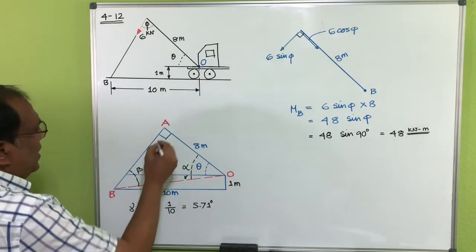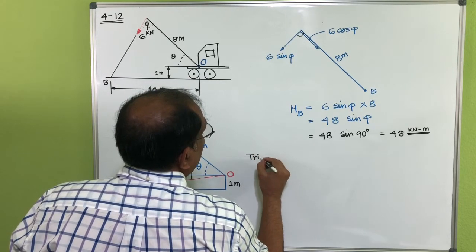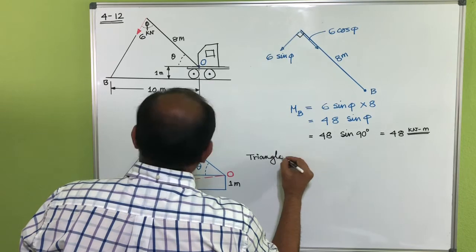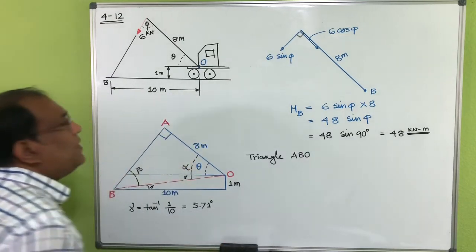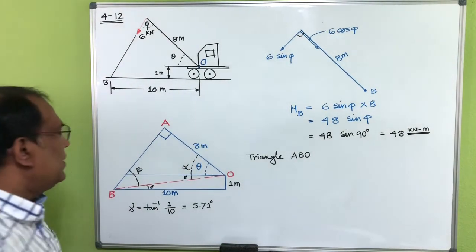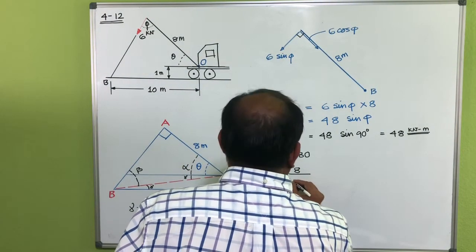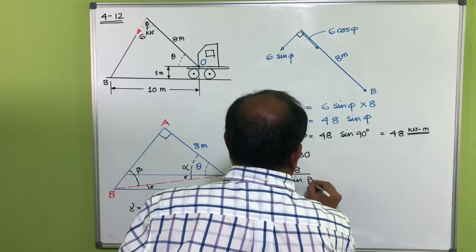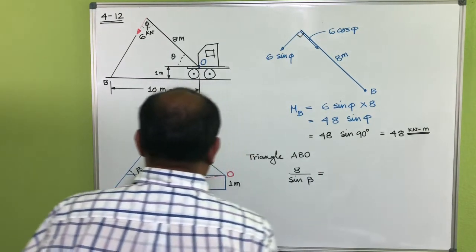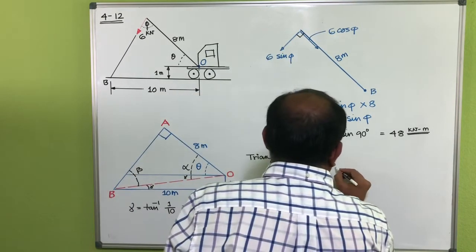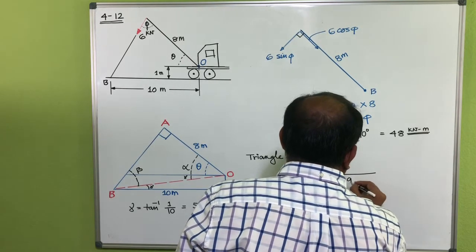Now you can see in the triangle ABO, if I use the sine rule, then you can see 8 divided by sine beta is equal to BO divided by sine 90.